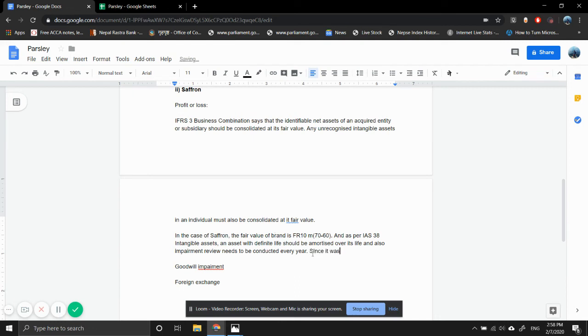Since it was acquired only a year ago, amortization of only 1 year is necessary. That is 2 million, basically 10 divided by 5, right?